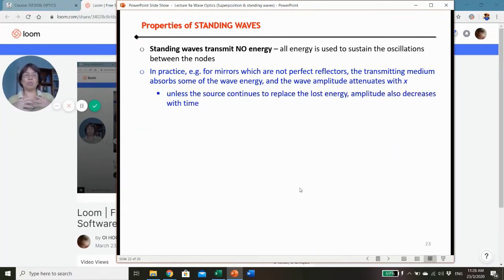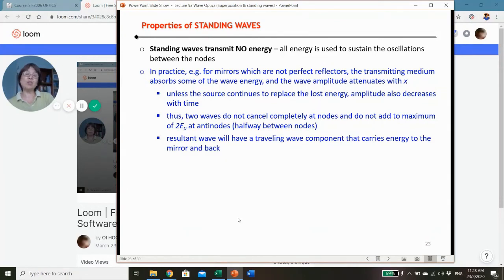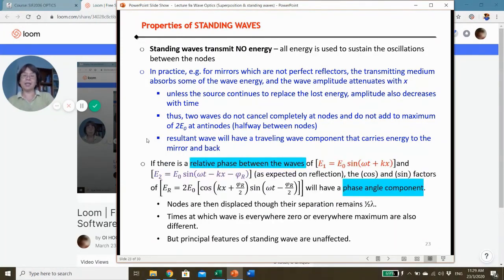Unless you pump in energy, you need a source to continuously replace the lost energy to sustain the amplitude. Because of this loss in energy, the two waves may not cancel completely at the nodes, and they will not add up to the maximum of 2E0 amplitude at the antinodes. So the resultant wave will have a traveling wave component, and it carries energy to the mirror and back.